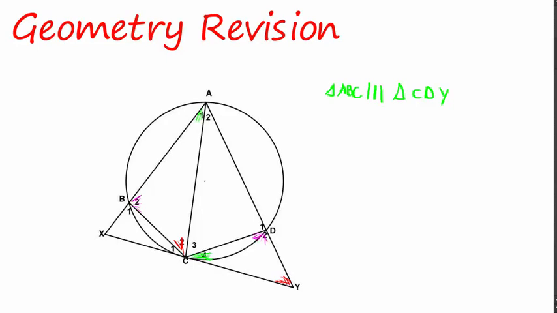The green. Okay. No. Sorry? Pink one. Okay. So why is D2 equal to B2?